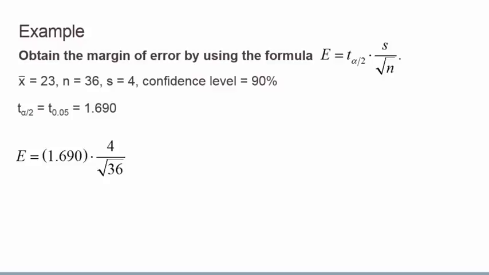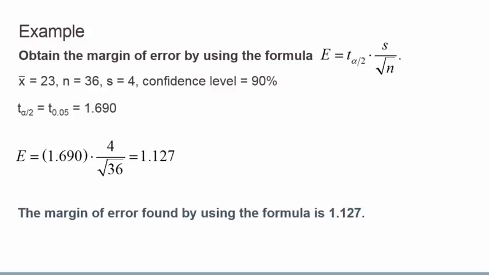Substituting, E equals 1.690 times 4 divided by the square root of 36, which equals 1.127. The margin of error found by using the formula is 1.127. So whether we find our margin of error by finding the distance between the lower limit and the upper limit, then dividing by 2, or using the formula for E, we get the same result.